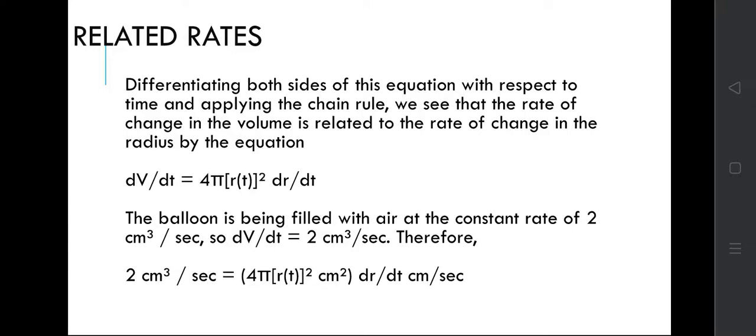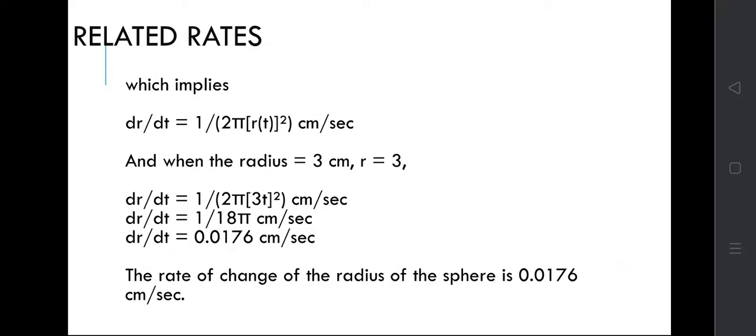So therefore, we can now have 2 centimeter cube per second equals 4 pi r of t squared centimeter squared times dr over dt, centimeter per second ang unit, na kasi nagbawas ng variable. Which implies that dr over dt is equal to 1 over 2 pi r of t squared centimeter per second.